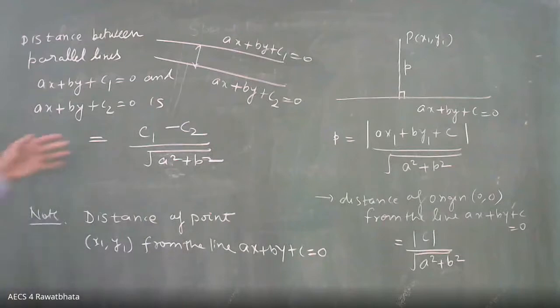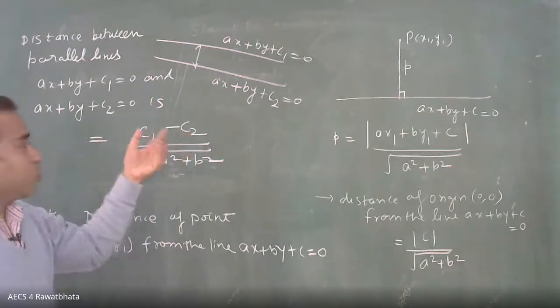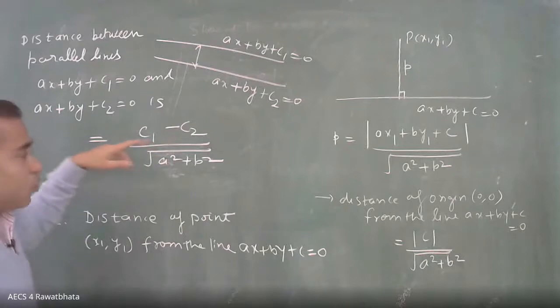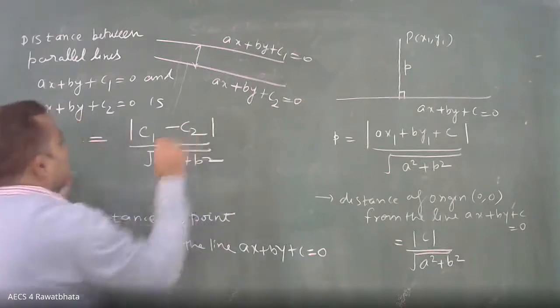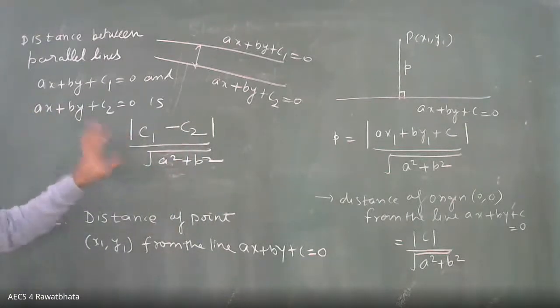And because distances are not negative, but this value may be negative, take its magnitude. If a minus sign comes, you ignore the minus sign and take its magnitude. So this is the distance between two parallel lines.